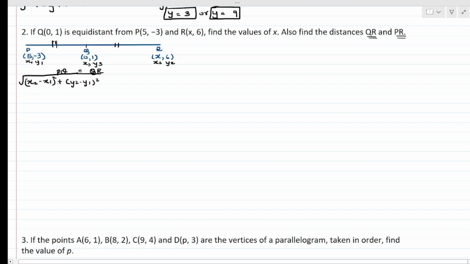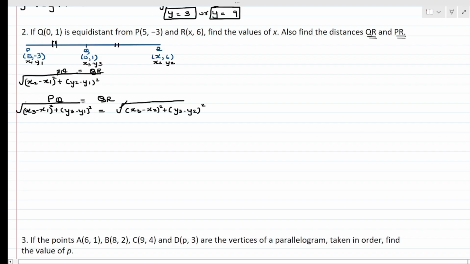After writing your formula, substitute the values. What will be the new formula for PQ and QR? As we know that they are equidistant, your formula would be under root x3 minus x1 the whole square plus y3 minus y1 the whole square equals under root x3 minus x2 the whole square plus y3 minus y2 the whole square.